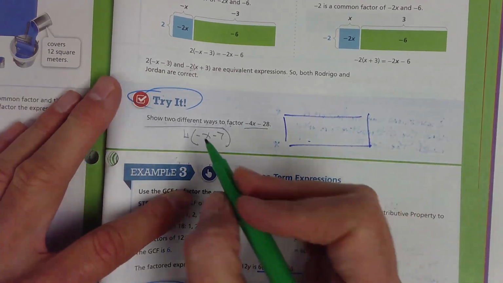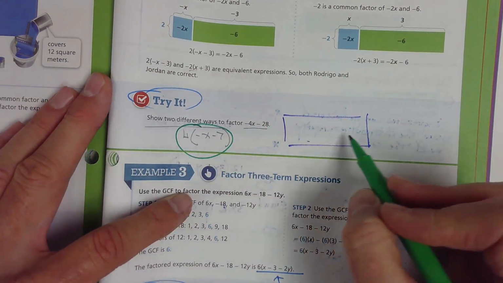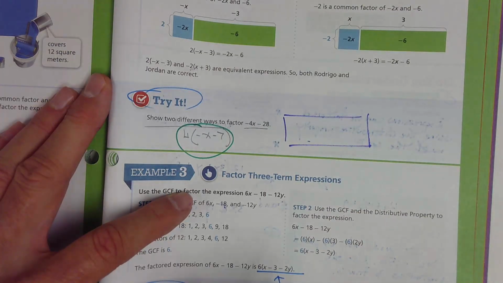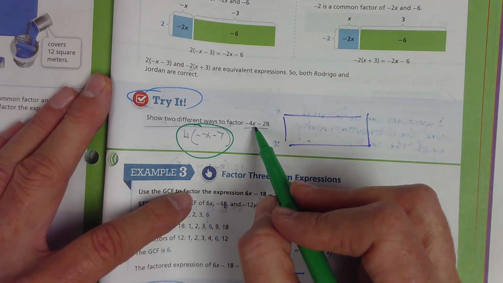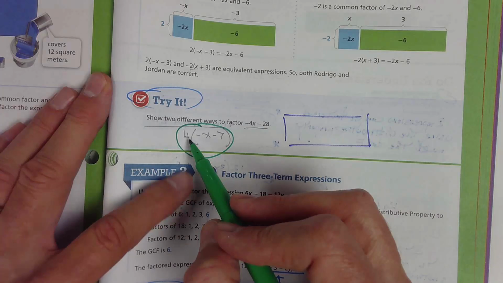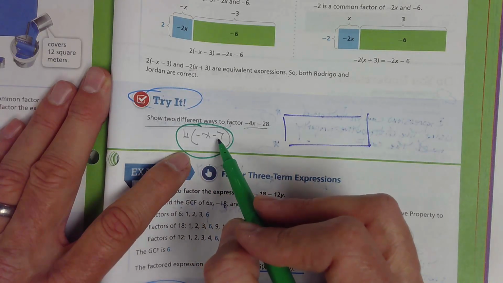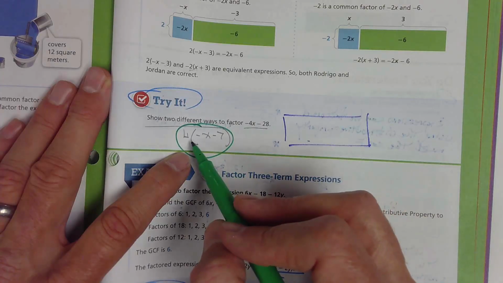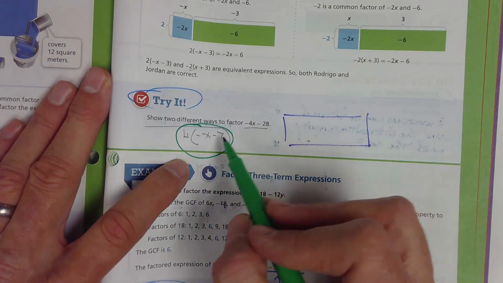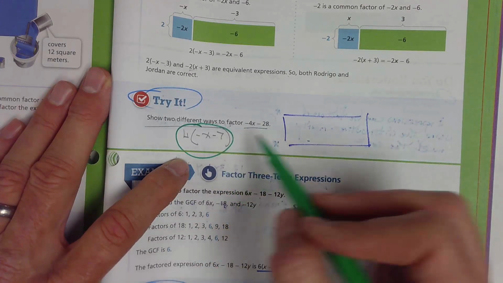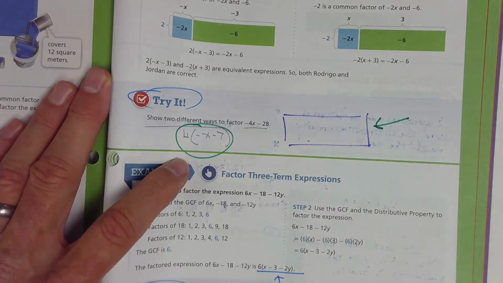I did one, and I want you to come up with another. So it was a negative 4x minus 28, and I put 4, and then in parentheses a negative x, and then a minus 7, or a negative 7, and that's going to be a negative 28. That's one way, so I want you guys to do another.